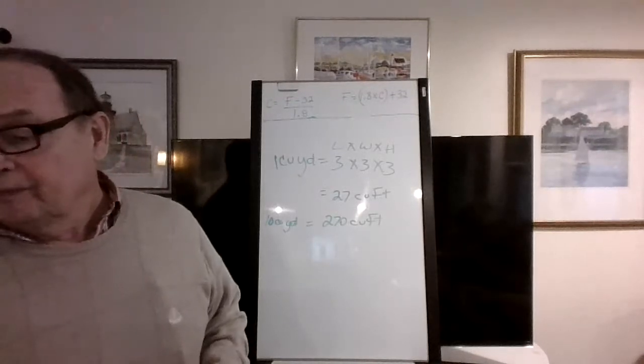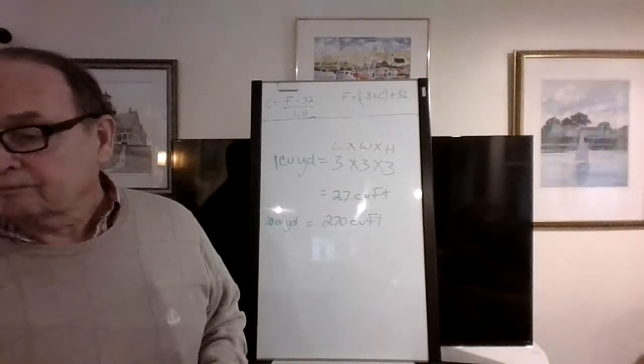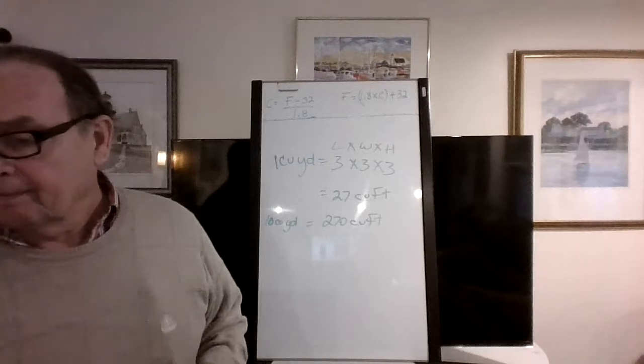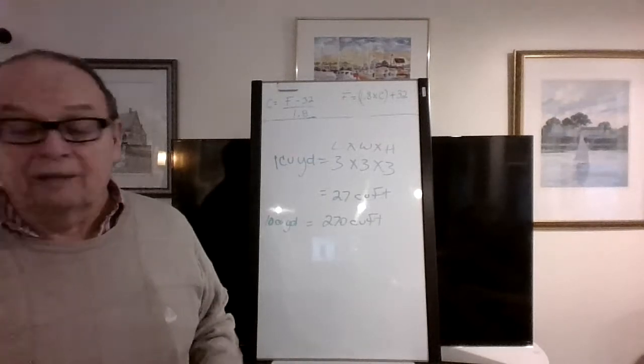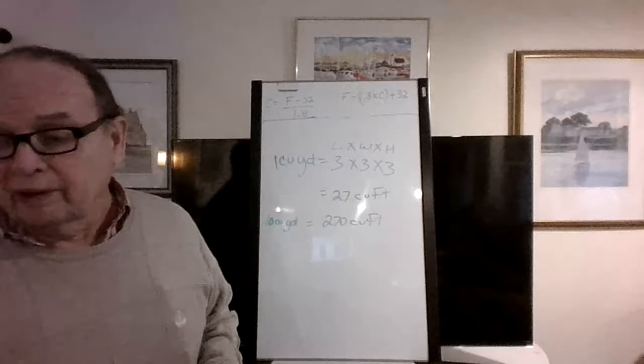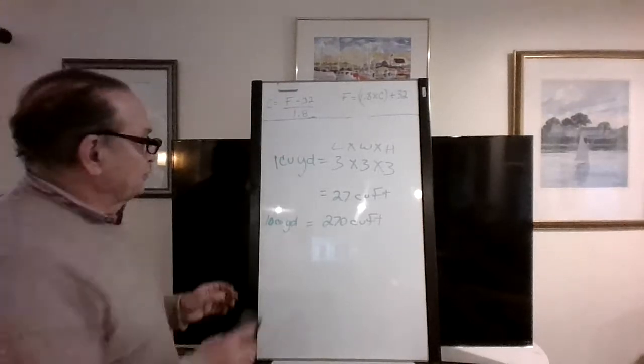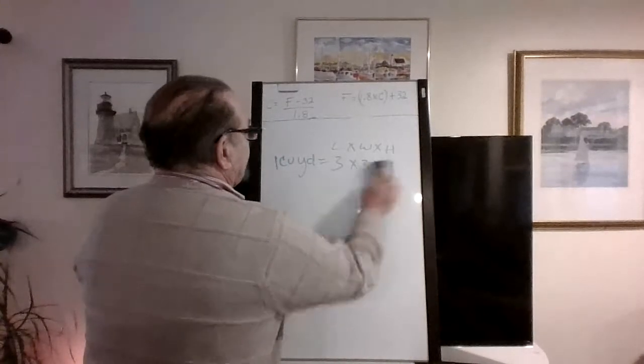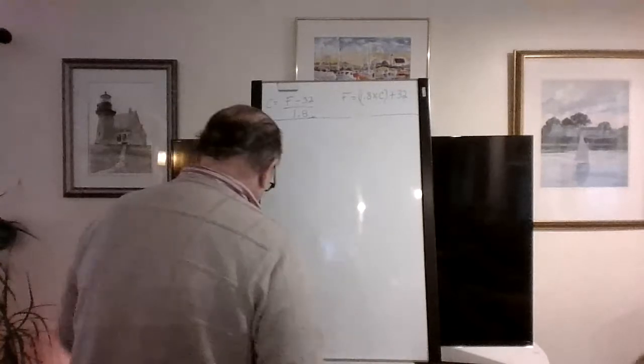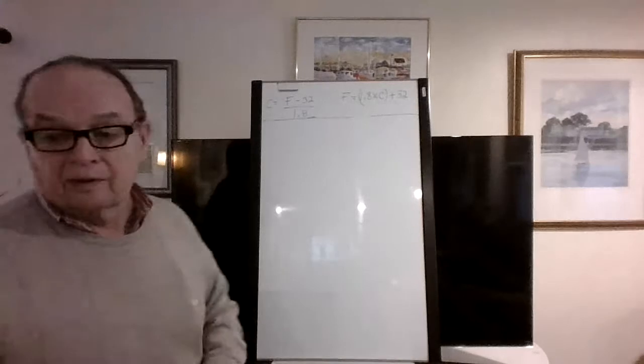But now, the last 2 problems absolutely are part of your license exam, 19 and 20. Okay, so let's see what we got for those 2. All right, so we're done with the volume measurements. Let's go back to the Fahrenheit and the Celsius.